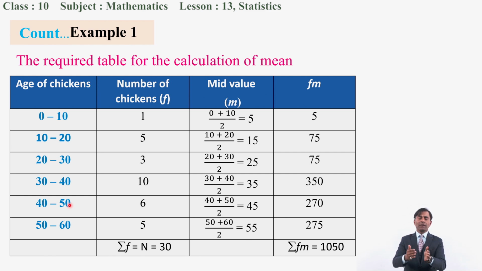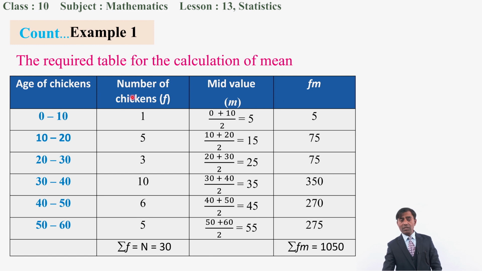We don't have chickens aged more than 60 days, so we don't have to go with the class interval 60 to 70. Are you clear why we are not taking more than 60? Because the ages of chickens are from 3 to 57. So 57 lies in 50 to 60, so 50 to 60 is the last class interval, right?